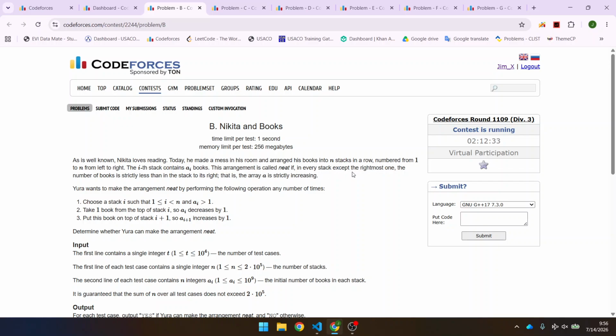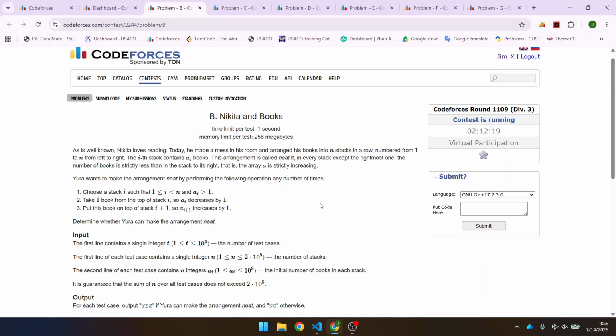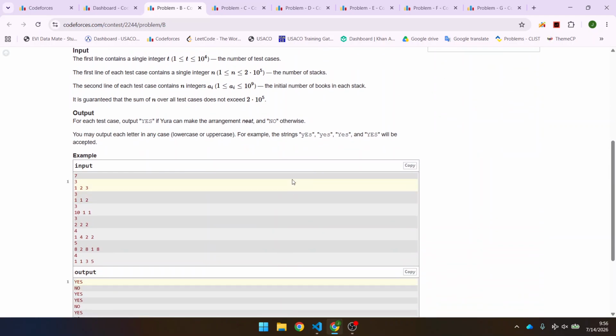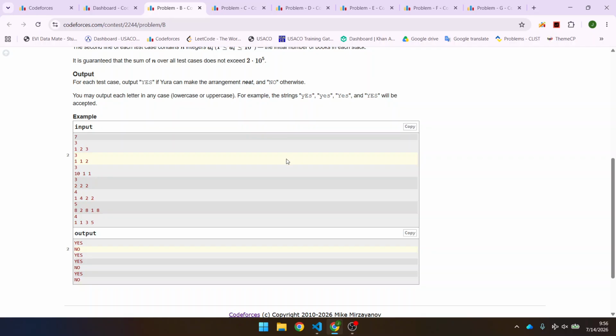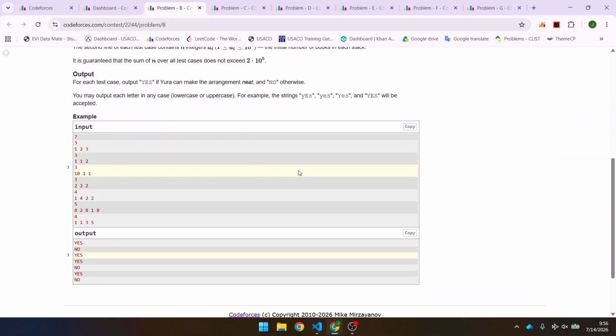Neat if in every stack except for the rightmost one, the number of books is strictly less than in the stack to its right. Okay, so strictly increasing. Choose a stack i, take one book and give it to a_i plus 1. Okay, so strictly increasing.